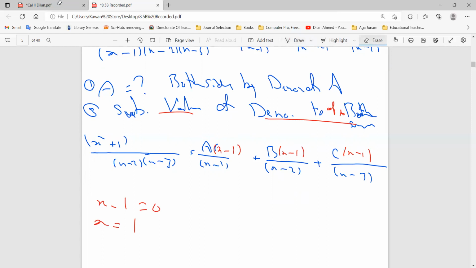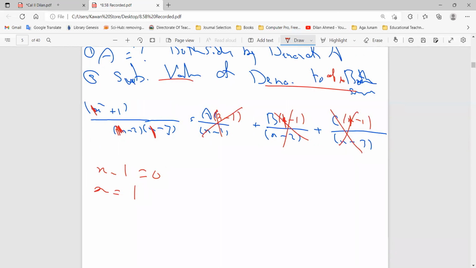Substitute 1 here, and that one will cancel. You get C multiplied by 1 minus 1, which is 0, and B multiplied by 0. So those will be 0, and on the right side it remains just A.